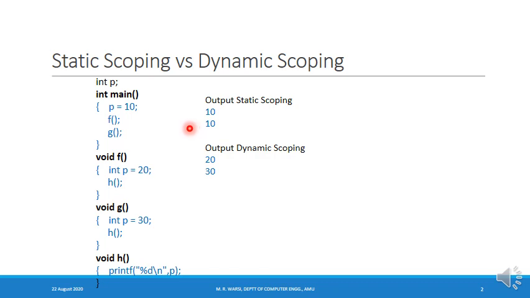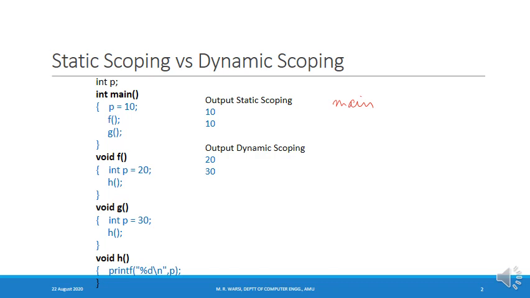Now let us consider what will be the output of this program if there is dynamic scoping. In case of dynamic scoping, program execution begins from main. Main assigns a value of 10 to the variable p. When I refer to p in main, it is the global p that we are referring to.